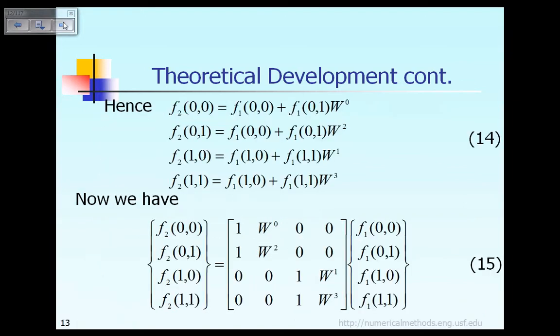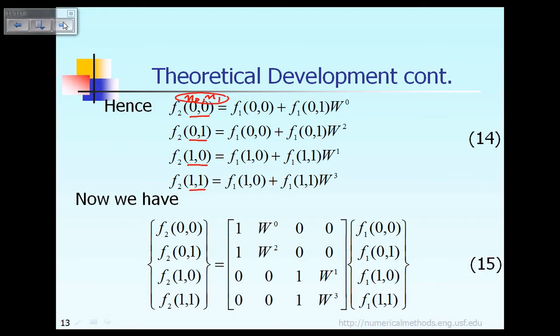That is exactly right here. When you let n0 and n1 equal to 0, comma 0, you get the first equation. When n0 and n1 equal 0 and 1, you get the second equation. When n0 equals 1 and n1 equals 0, you get the third equation. And when n0 and n1 both equal 1 and 1, you get the fourth equation.